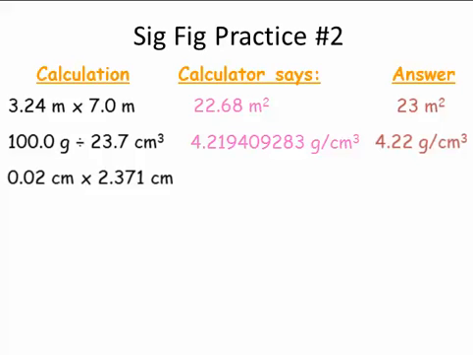0.02 centimeters times 2.371 centimeters. You always do the math, and I recommend just writing down this answer and then trying to round. So round this off to the correct number of sig figs. All right, this has 1 sig fig, decimal point start here, 1 sig fig. This has 4 sig figs, so our answer must have 1 sig fig.